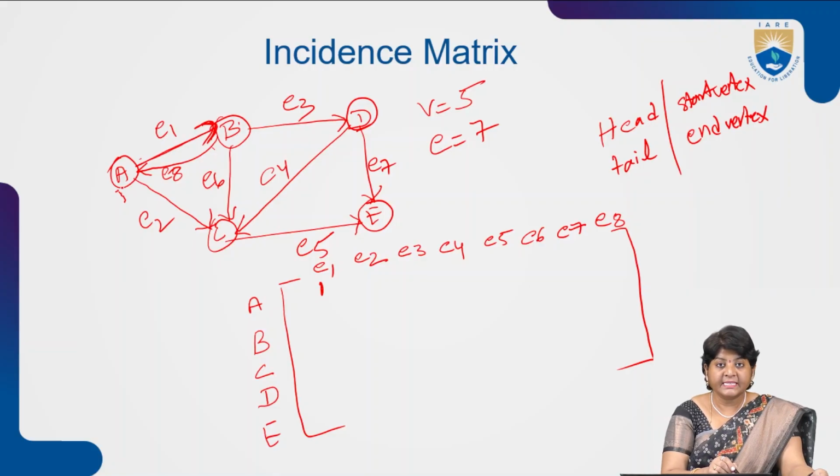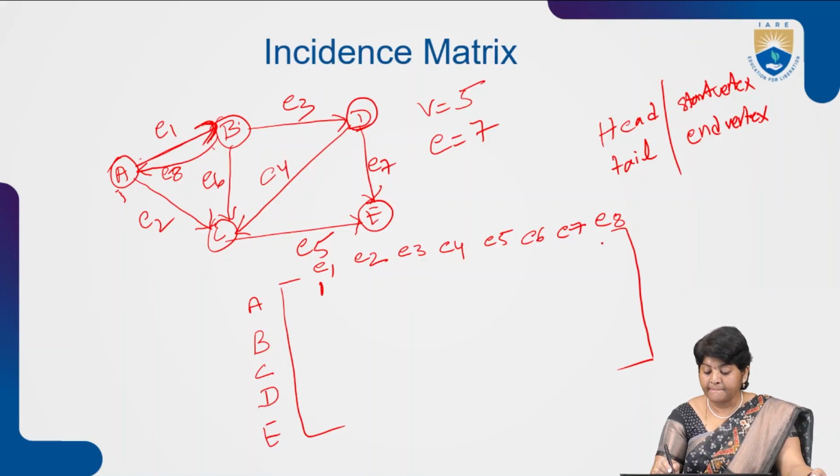Similarly, A is an end vertex for B when B is the start, so here at edge E8, we will mark it as -1. That is the main point which we need to remember. When A is acting as starting vertex, we need to indicate it as 1. When A becomes end vertex, then we need to mark it as -1.